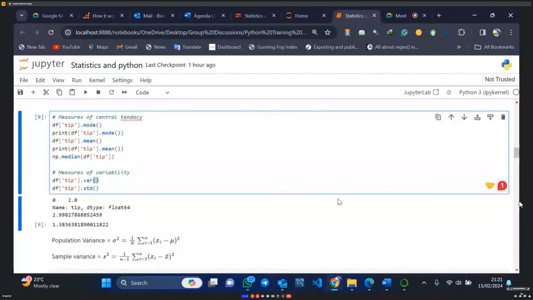Whereas the variance gives us the average squared differences of the data set that you have.